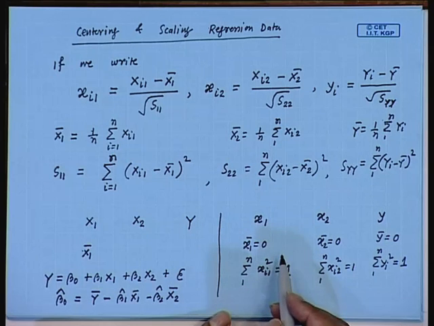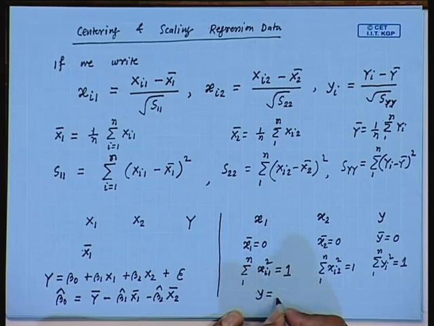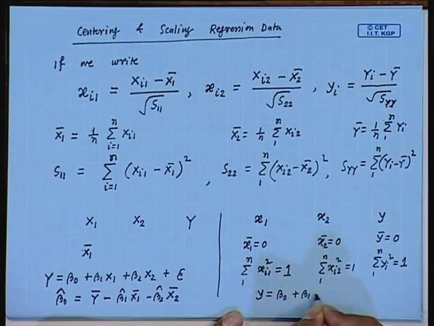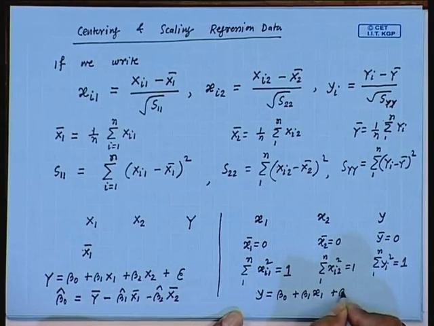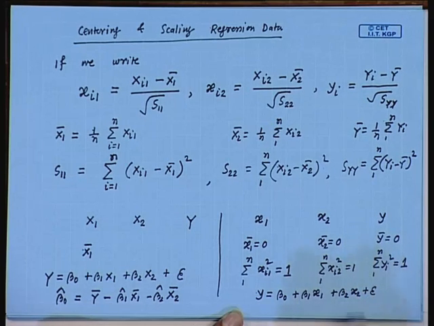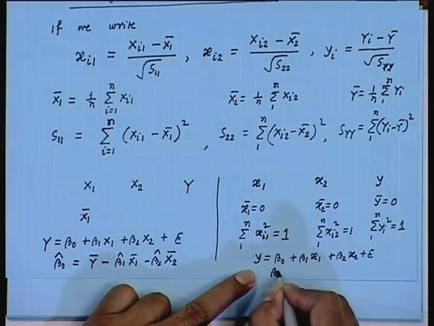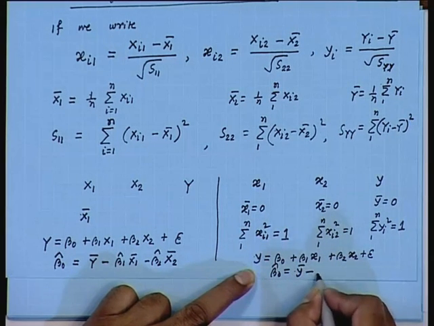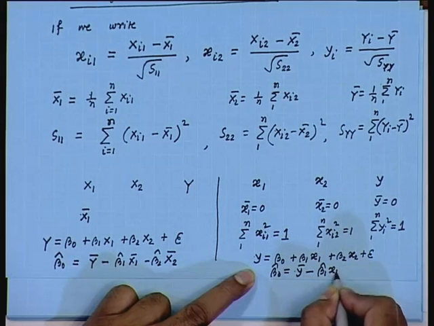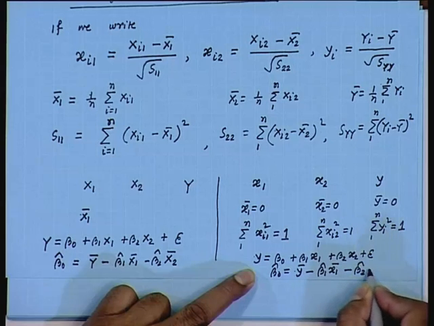But if you fit the same model here for the transformed data also, if you fit the model y equal to beta naught plus beta 1 x1 plus beta 2 x2 plus epsilon for the transformed data, I am fitting the same model, then it is not difficult to check that beta naught hat is going to be 0 here, because see beta naught hat is equal to y bar minus beta 1 hat x1 bar minus beta 2 hat x2 bar.